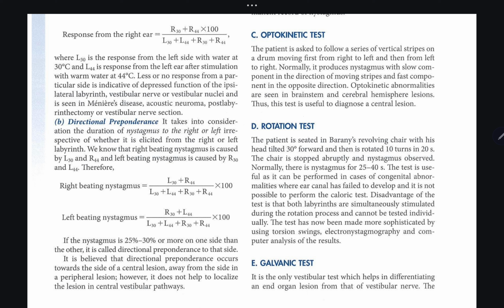If the nystagmus is 25% to 30% or more on one side than the other, it is called directional preponderance to that side. It is believed that directional preponderance occurs towards the side of a central lesion, and away from the side in a peripheral lesion. However, it does not help to localize the lesion in central vestibular pathways.